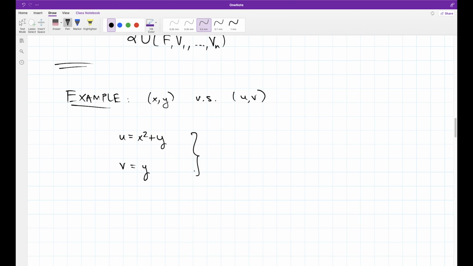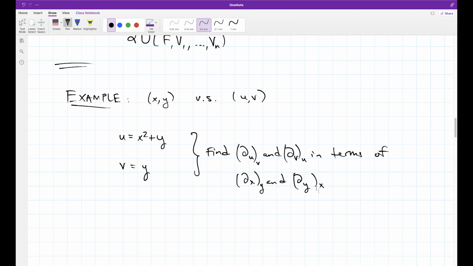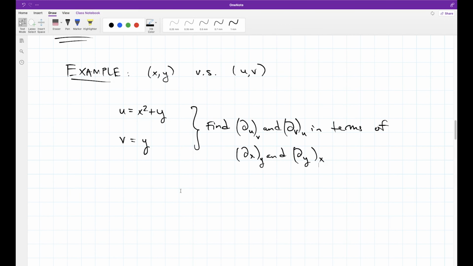And our goal is to find partial u and partial v in terms of partial x and partial y. And let's be even more clear. This is partial u fixing v, partial v fixing u, partial x fixing y, and partial y fixing x. Good.